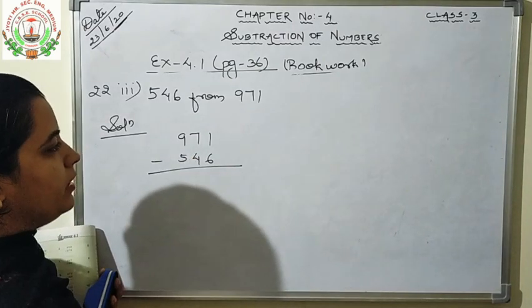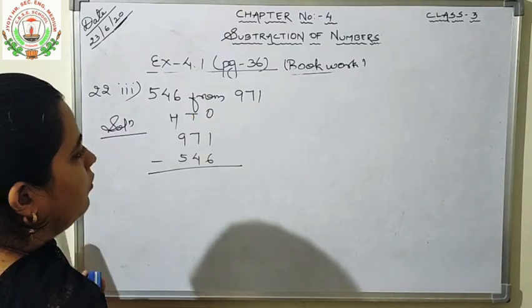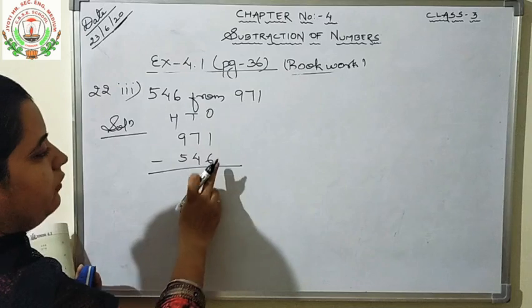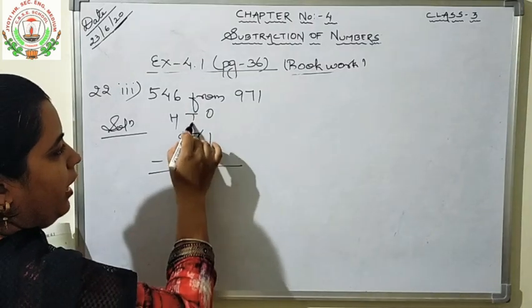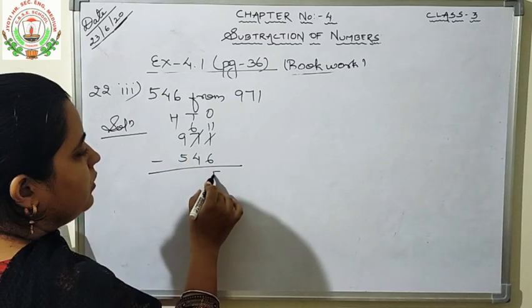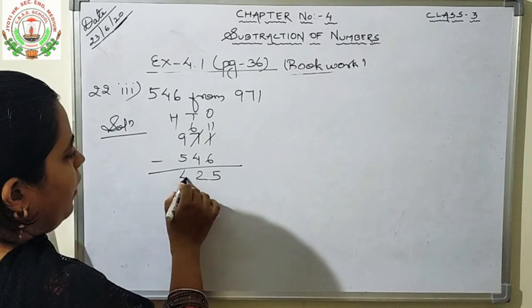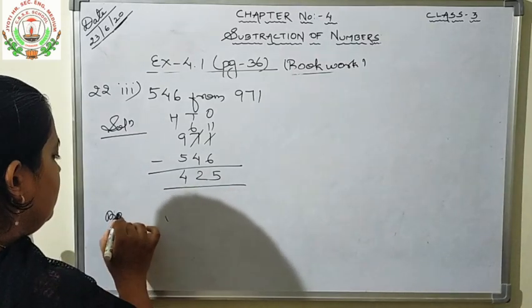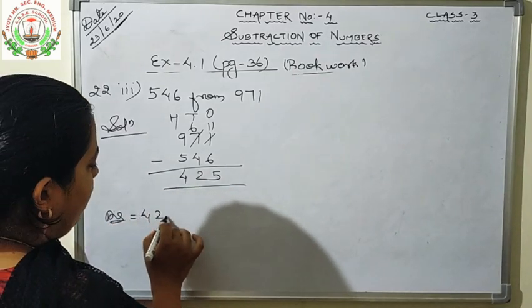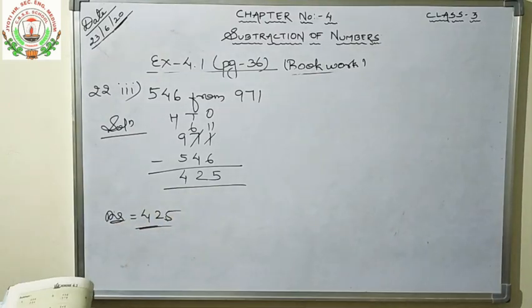First we will write the place values of the number: ones, tens, hundreds. Okay. 1, we can't subtract 6 from 1, so we will take carry from here. It will become 6, this will become 11. 11 minus 6 is 5, 6 minus 4 is 2, 9 minus 5 is 4. So answer is equal to 425.